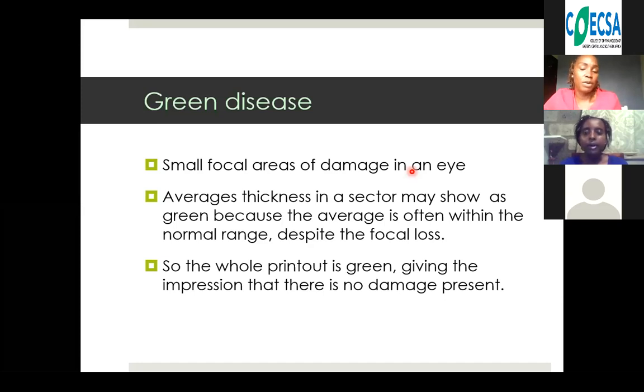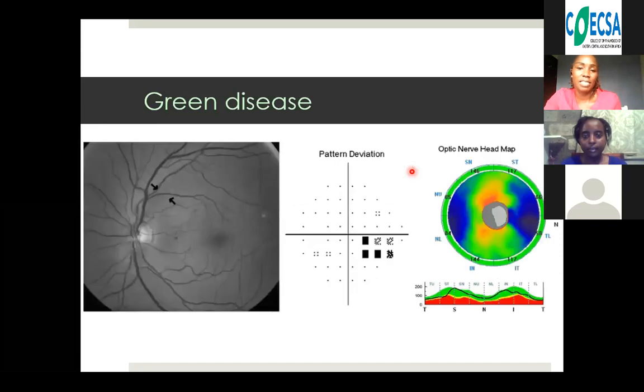It will be within normal despite that focal loss. So the whole printout is actually green, giving the impression that there is no glaucomatous damage present, but the patient has a small area of notching that somehow got lost or was not brought out when the machine calculated the average.